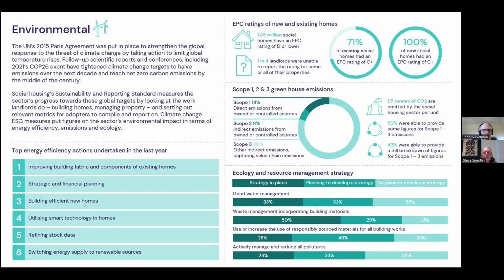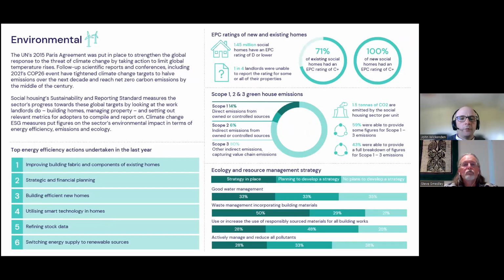As far as environmental is concerned, we looked at things like the EPC ratings. Using the 50 odd landlords' results, we put together some estimates of how many social homes have an EPC rating of D or lower. We're looking at across the UK here, so there's about 5 million social homes across England, Scotland, Northern Ireland and Wales.